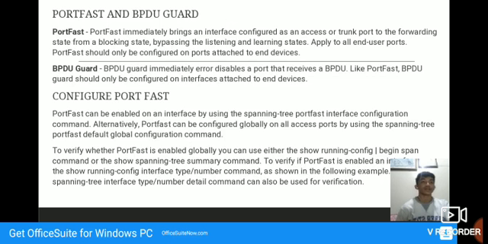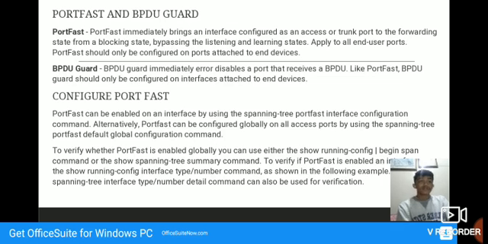BPDU guard immediately error-disables a port that receives a BPDU. Like PortFast, BPDU guard should only be configured on interfaces attached to end devices. Configure PortFast. PortFast can be enabled on an interface by using the spanning-tree portfast interface configuration command.